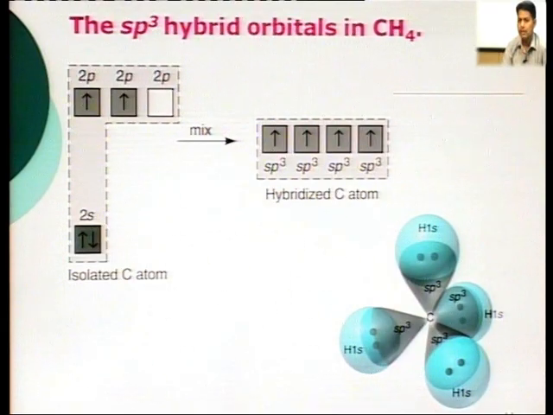sp3 hybrid orbitals in methane. In methane, there is carbon and 4 hydrogens.